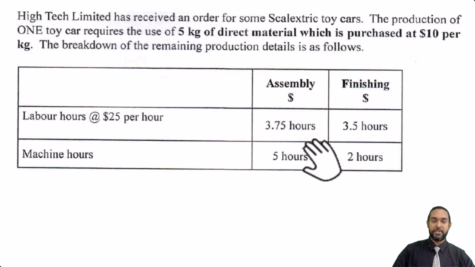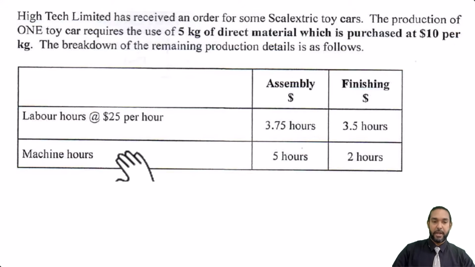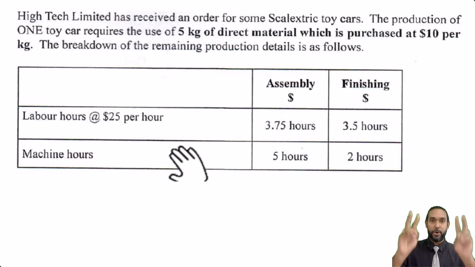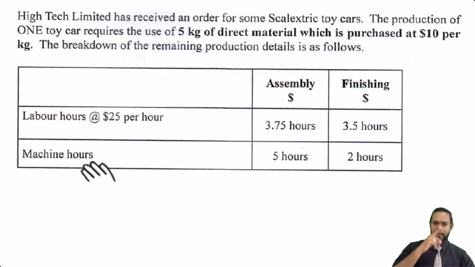And machine hours, you use 5 in assembly, 2 in finishing, right? Now you'll notice there's no rate for the machine hours. What they wanted you to know was that the machine hours are part of your overheads. And we use the OAR we just calculated as the machine hour rate, the overhead rate. Now, that's going to come in a little later.